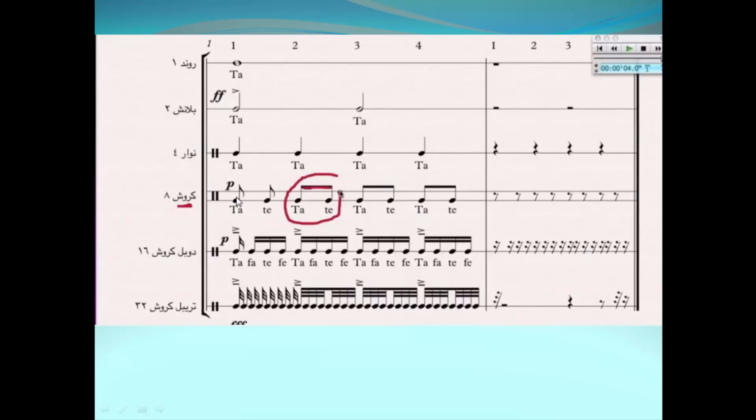Okay? So one ta, or one complete note, means two half notes, and four of this, and then ta, ti, ta, ti. Okay? So ta, you can use this, or you can use this.